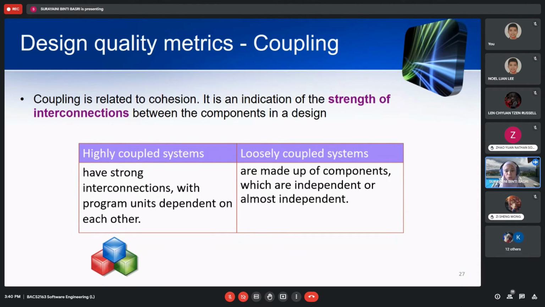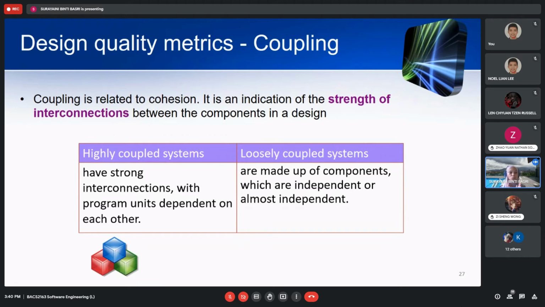So it is not good, because in the future when you do maintenance, whenever there's a problem in the course registration module or subsystem, you also need to change the reporting module. So it is not encouraged.